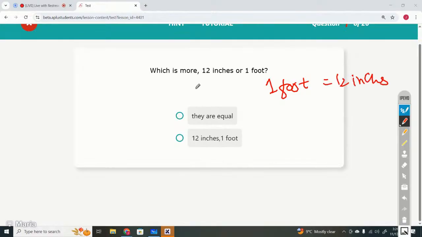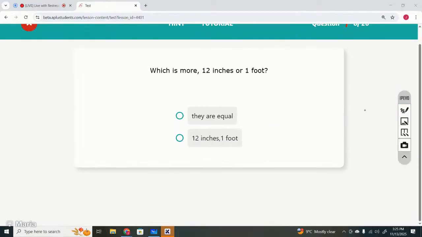Now just compare. We already have 12 inches given and 1 foot is also equal to 12 inches. So they both are exactly equal. The correct option is they are equal.